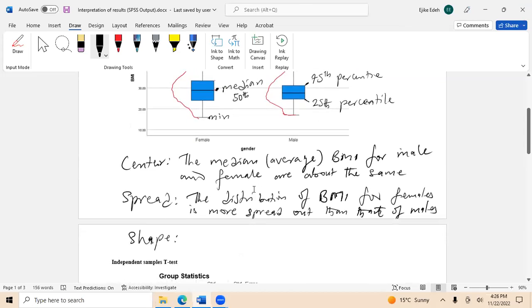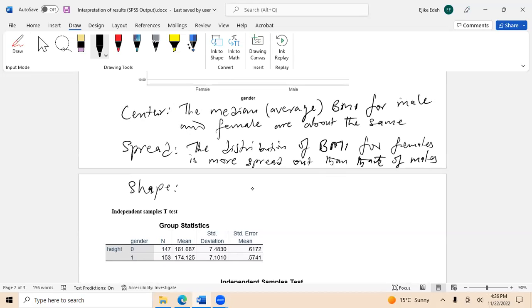So we're going to make that comment: the distribution of BMI for females is skewed to the right.